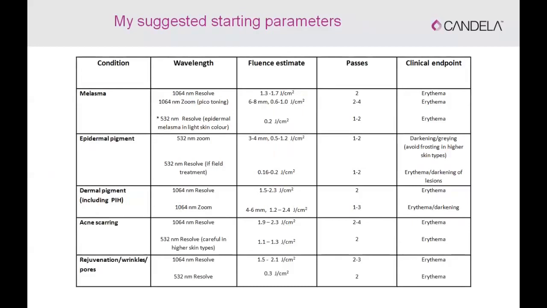For acne scarring and rejuvenation, you are purely using the Resolve fractional handpiece. I like to start again with higher fluences for acne scarring, and then multiple passes, up to 4 passes. For lighter skin type patients, we also use the 532 with higher fluences than I would normally use for melasma or pigmentation. And for rejuvenation, it's a similar thing.